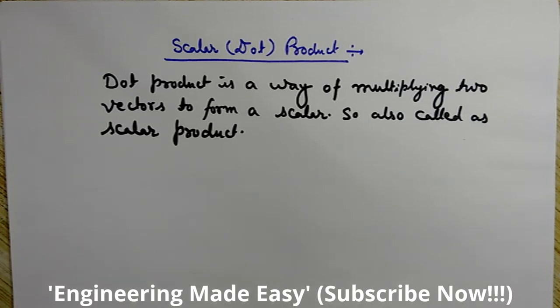Geometrically we can represent the dot product of two vectors as follows. Let me write it.